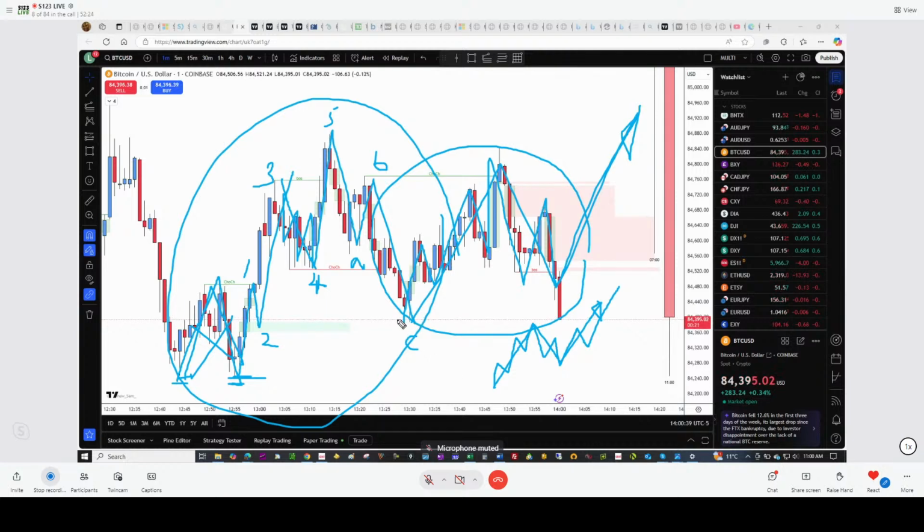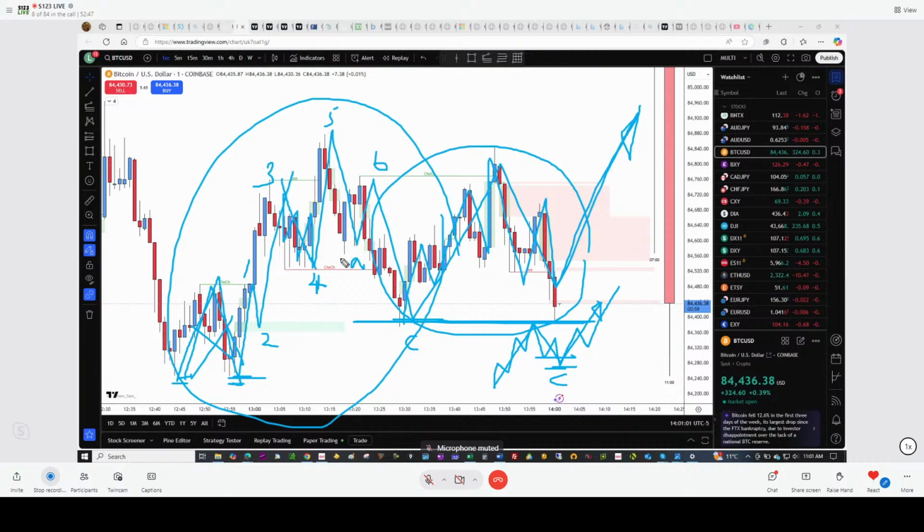So if we break this level here, which it looks like we're going to, then that nullifies this move. Or does it? If this is our A at this point, then we could certainly, sorry, this is our C. Let me just redo that. If this is our C at this point, if we've broken A, this is our A, we've broken that level, and we drop down to this C. So if we break C, then it kind of messes the structure up.